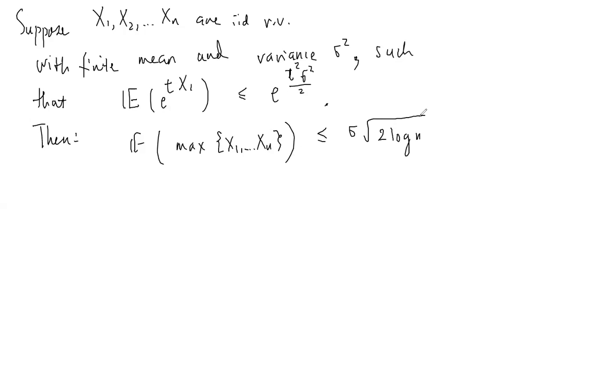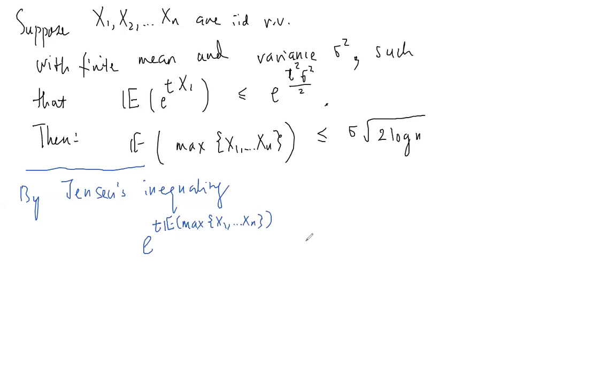Okay. So how to show this? We start with Jensen's inequality. Now you are looking at Jensen's inequality, so you have the following: E of e to the t of this is less than or equal to this thing.